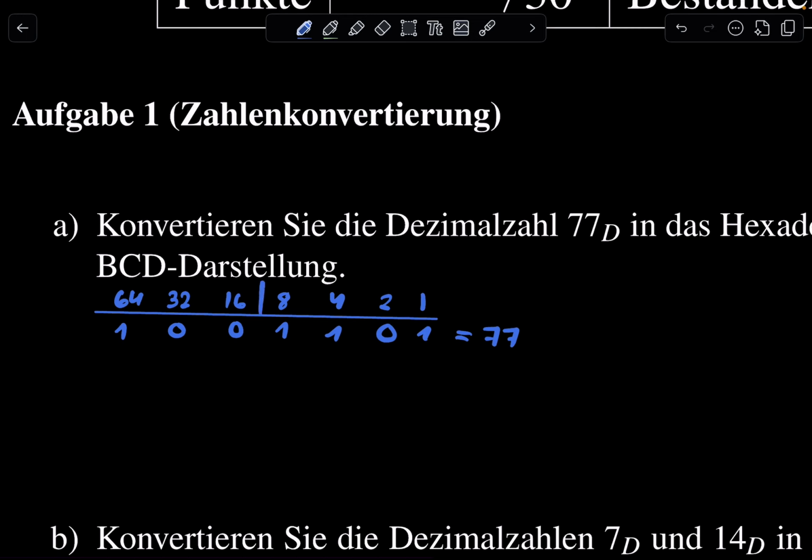Now, we know that hexadecimal digits are represented by 4 bits, so we want to divide our number into 2 sections of 4 bits. This will include a 0 over here, obviously.